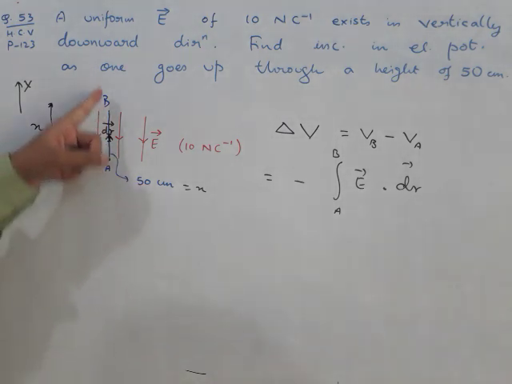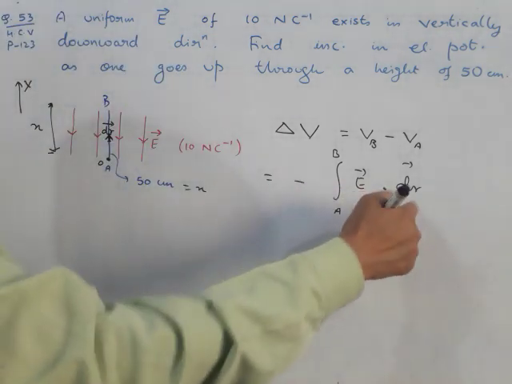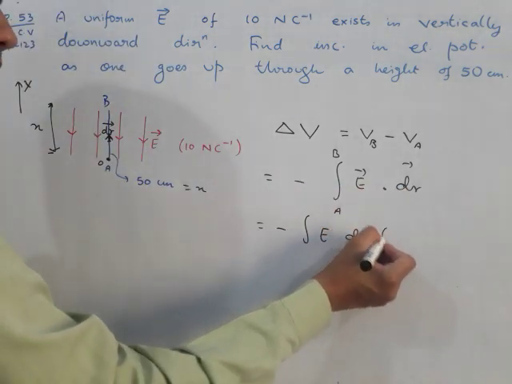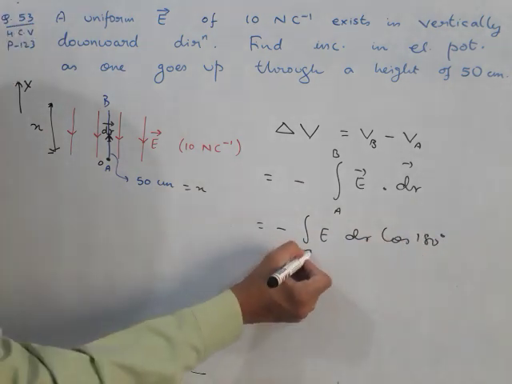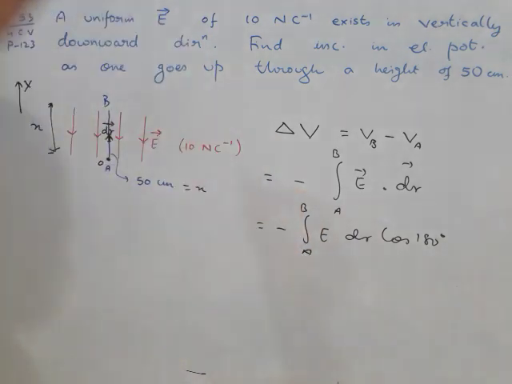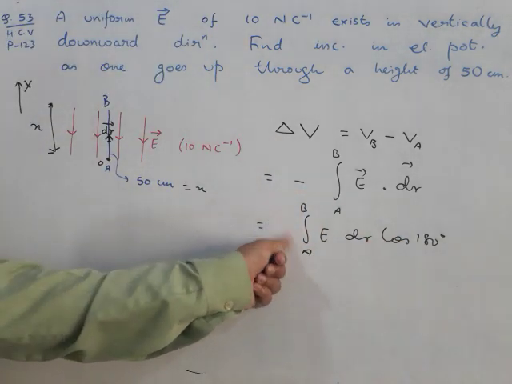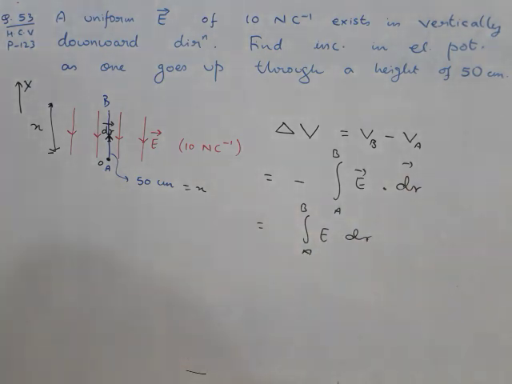So our displacement dr vector and E vector are in opposite direction. That's why this becomes E times dr times cos 180 degrees, and the integration is from A to B. What is cos 180? Minus 1. That minus and this minus will become plus. So it becomes simply integration of E into dr.